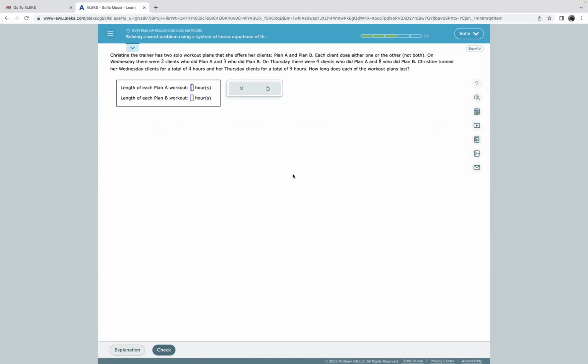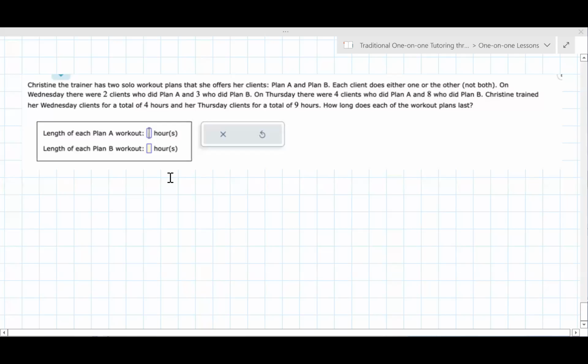Sure. So I think it's like 2 separate equations again. Let me just grab a snip. Christine, the trainer, has 2 solo workout plans that she offers her clients, plan A and plan B. The variables are almost always indicated by what they're asking down here.